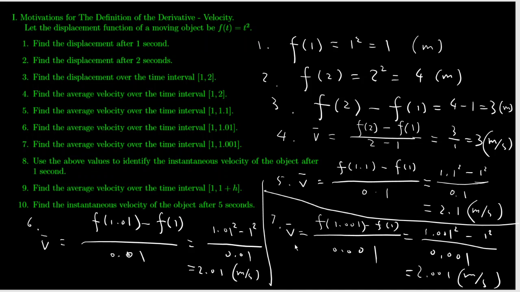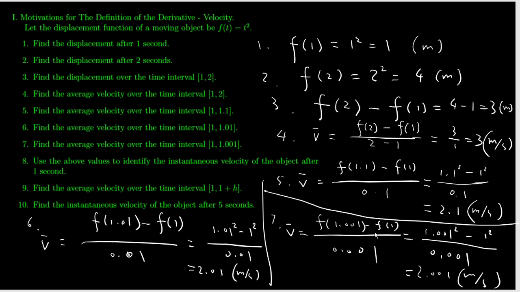The average velocity gets closer and closer to what number? I want to repeat my question: as the time interval gets shorter and shorter, the average velocity gets closer and closer to the number 2. The 2 is in meters per second.